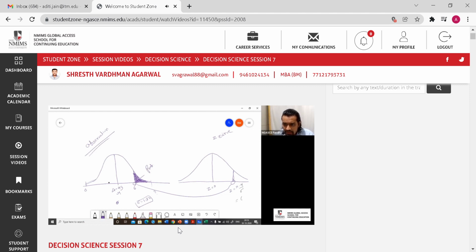That is 6 minus 4.43 divided by the standard deviation 1.32. Can you tell me the Z value for this? 1.19. So at this point, Z value is 1.19.